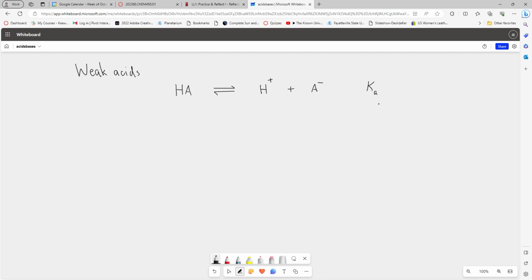Because it doesn't go to completion, it's an equilibrium that's characterized by an equilibrium constant, which is much less than 1. Let's say you have some concentration of the HA that's given. That's the initial concentration of the acid.